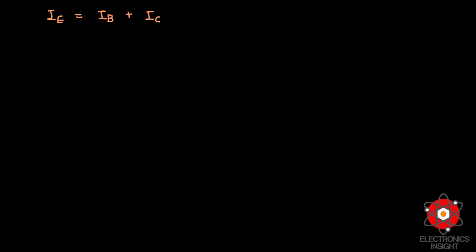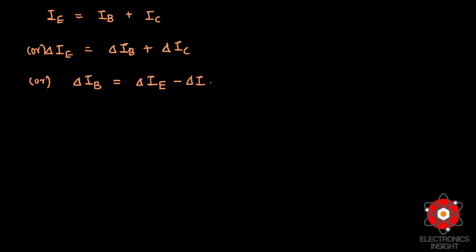This equation we can rewrite as del IE equal to del IB plus del IC, or we can also write it as del IB equal to del IE minus del IC. I'll tell you why we are taking del IB in terms of del IE.